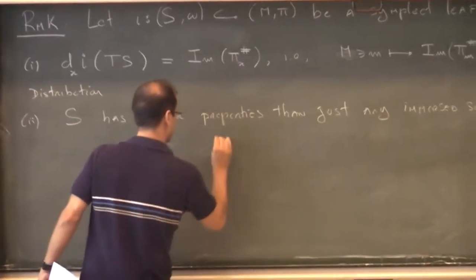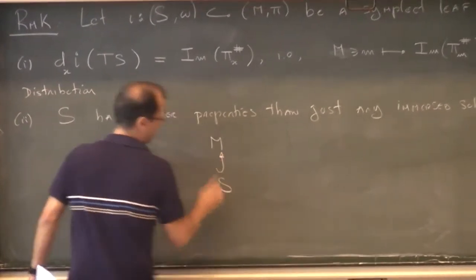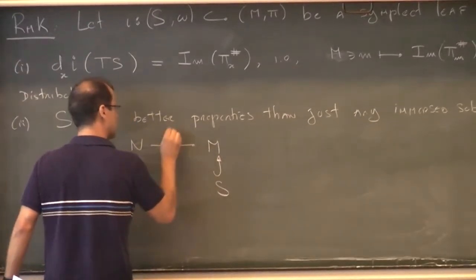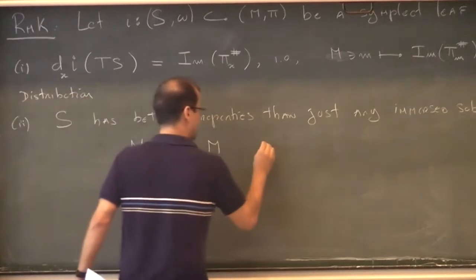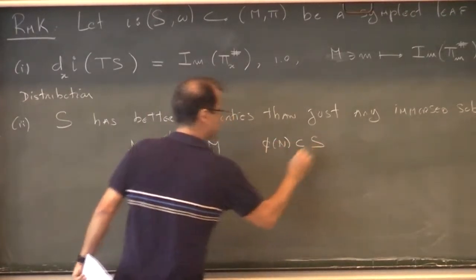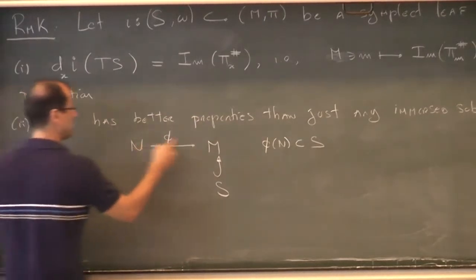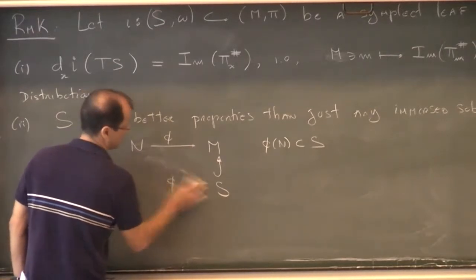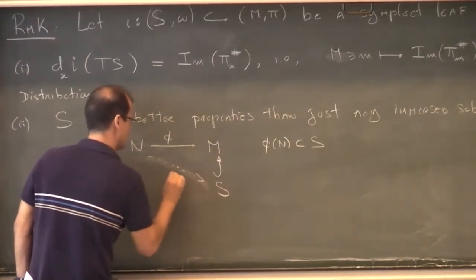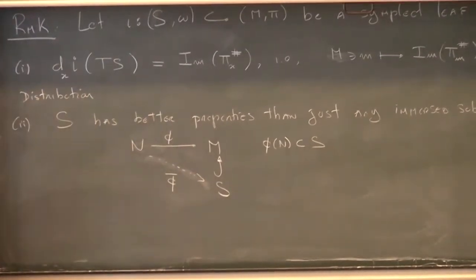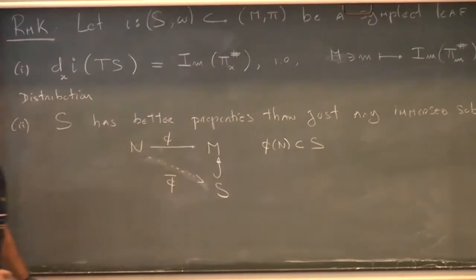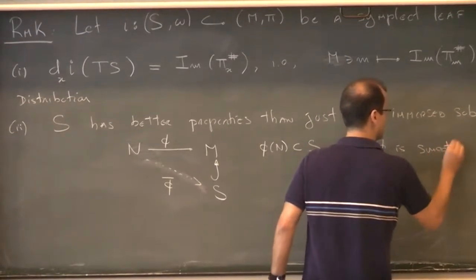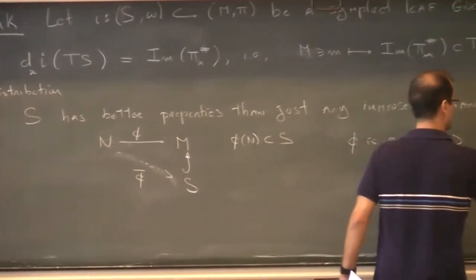Now, if I take any other manifold N and a map phi, and I assume that phi of N is contained in S, then to check that this map is smooth it is enough to check that the induced map phi bar is smooth. So this is much better than usual immersed submanifolds where this fails. So phi is smooth if and only if phi bar is smooth.